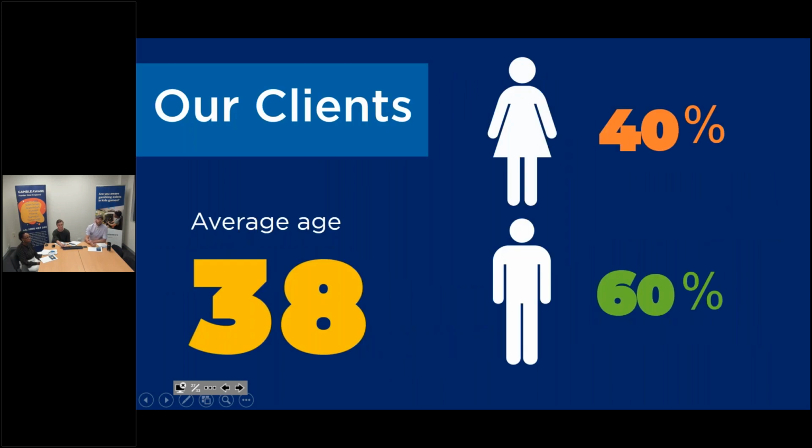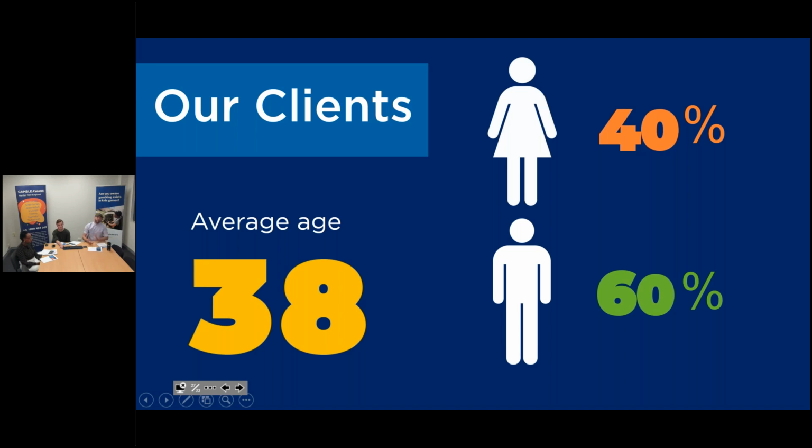What we're seeing here in the Hunter New England is that the average age of the clients is 38. We've had some clients in their 80s, as well as some children as young as 10 come through the program. The majority of the people we support identify as male, with 60% male and 40% female.